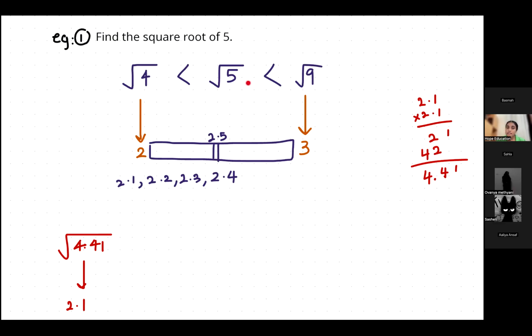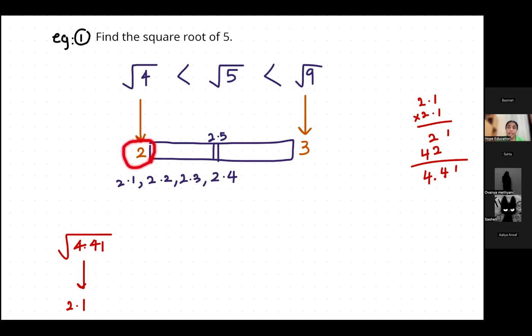Now, here 5, is it closer to 4 or is it closer to 9? 4. If 5 is close to 4, the square root of 5 should be close to 2. Did you all get that? Yes, miss.